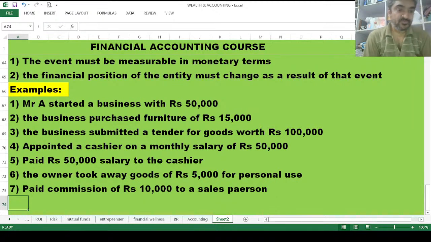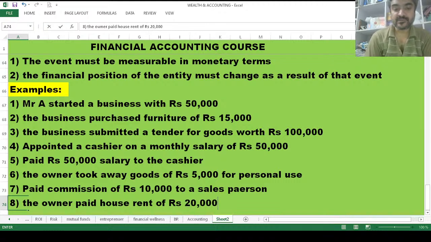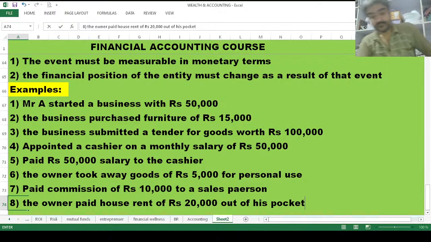Now I am going to put the last example for you to decide whether it is a financial transaction or not. The owner paid house rent of his house of rupees 20,000 out of his pocket. Okay.